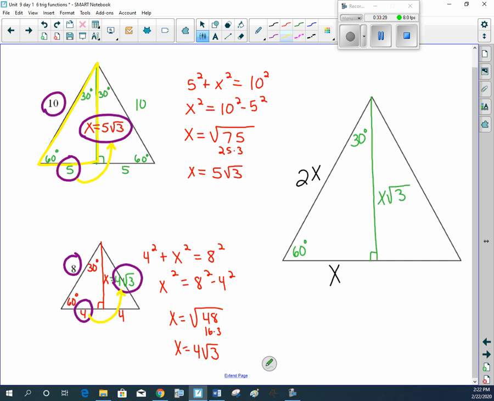And that's always true. This is our other triangle right here. This is called a 30, 60, 90 special triangle. That relationship is always true. The side opposite the 30 is always half the hypotenuse. And the side opposite the 60 is always the square root of 3 times the shortest leg.